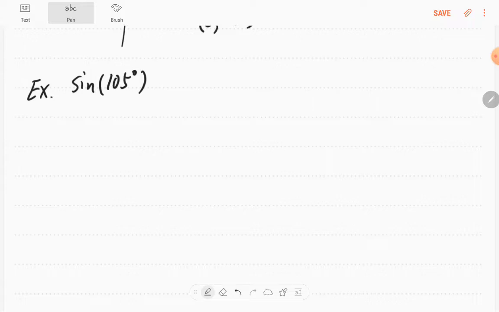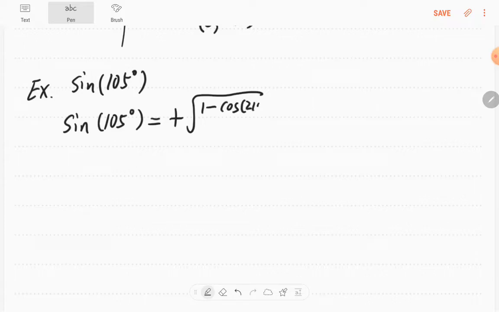Second quadrant, so sine is positive. So we can use the half angle formula. Sine 105 degrees is equal to positive square root of 1 minus cosine 210 degrees, over 2.